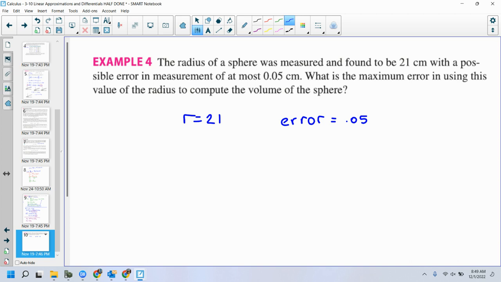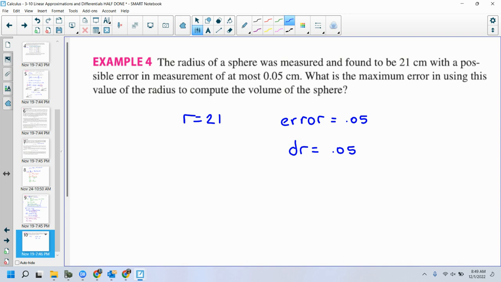It could be the differential on x. The differential on my radius could be 0.05. So what I really am saying here is that dr is 0.05. I know I'm computing this with a possible error of 0.05 centimeters.